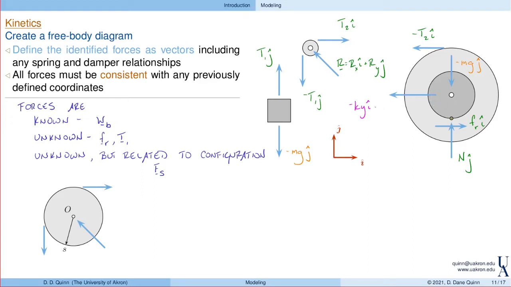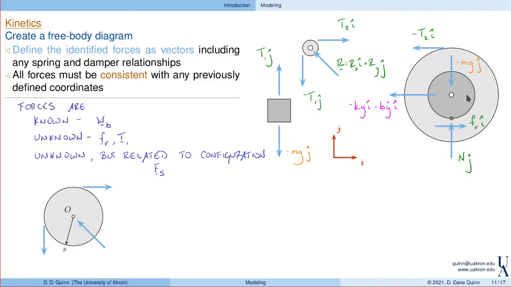Likewise, if Y dot is positive, the damping force is minus B times Y dot in the i direction. And this is what I mean when I say the forces have to be consistent with any previously defined coordinates. So I got to make sure that however I define Y, then this is the correct description for those forces.